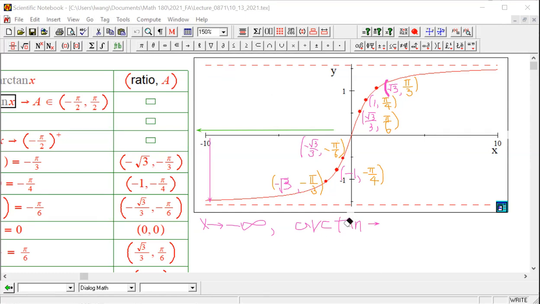I can't bear that. I need to rewrite it. Forgive me. Okay. Arctan of x approaches what? It approaches negative pi/2 from larger than negative pi/2.